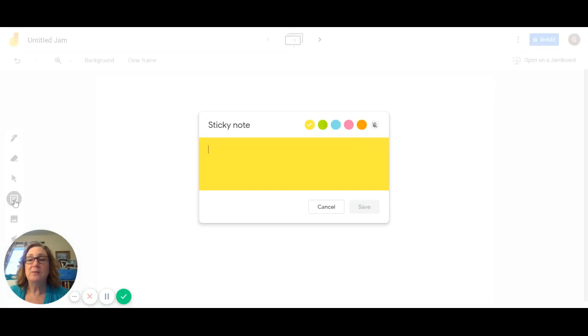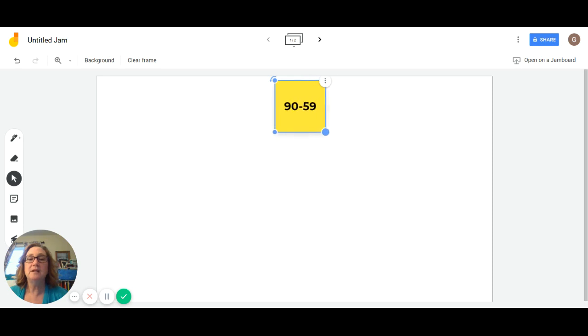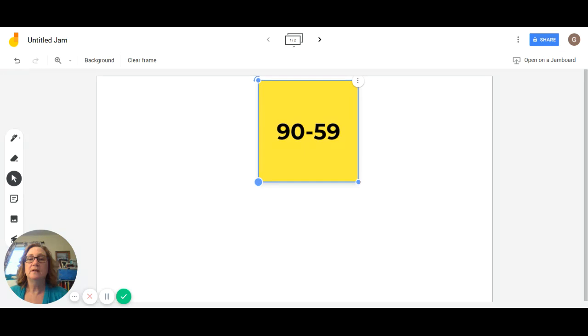Okay? So the problem I would like you to solve today is 90 minus 59. 90 minus 59. Let's make that a little bit bigger so you can see it. There we go. All right. Think about that problem. How would you solve it? And remember, don't shout out loud.